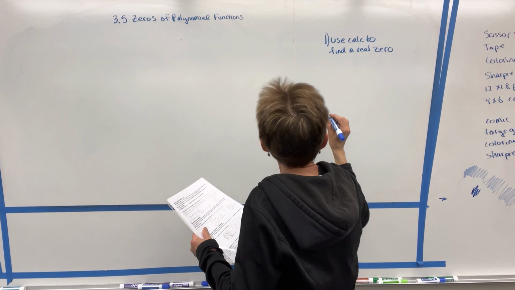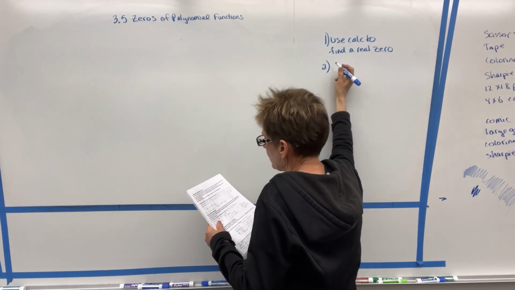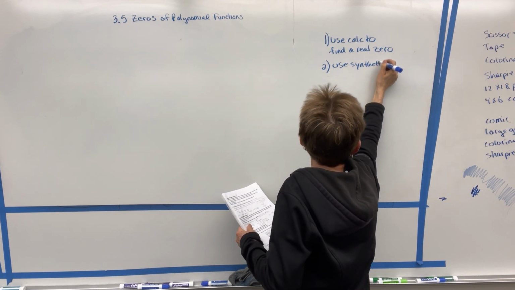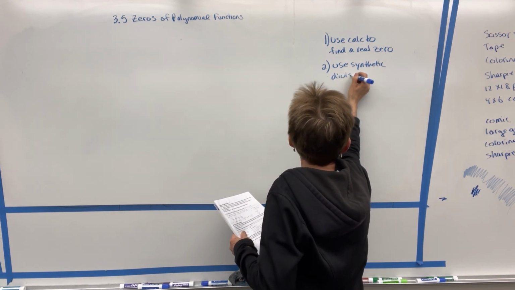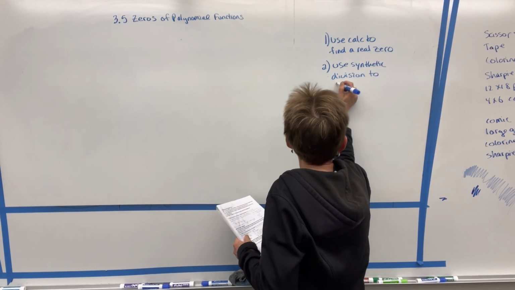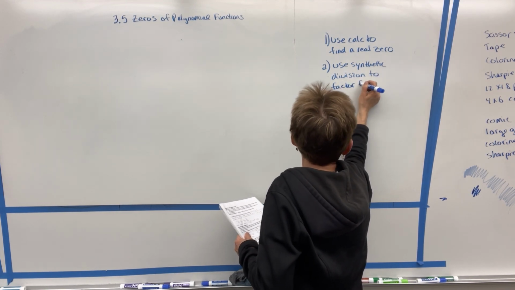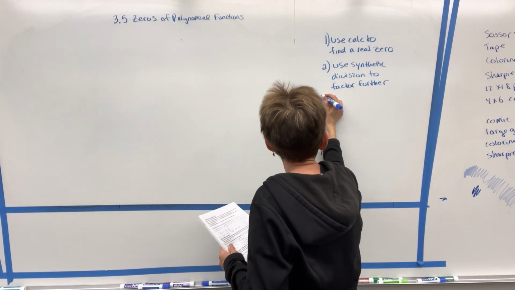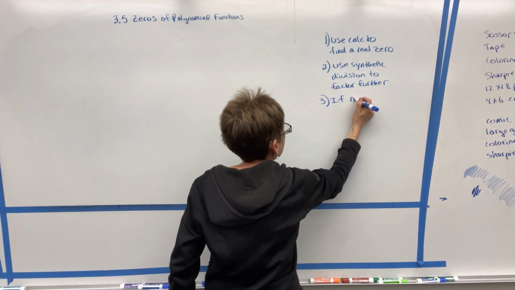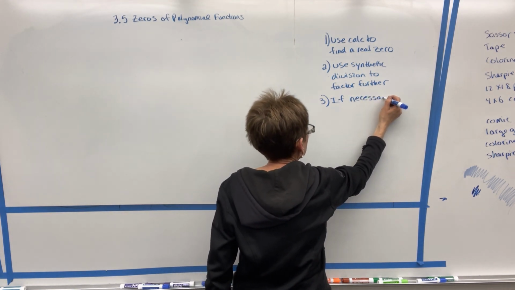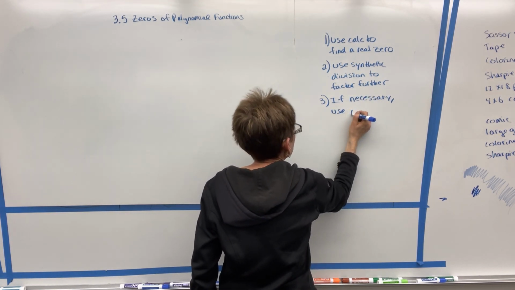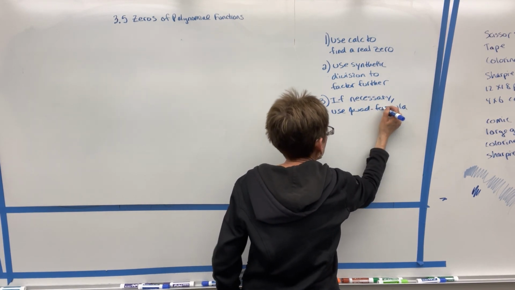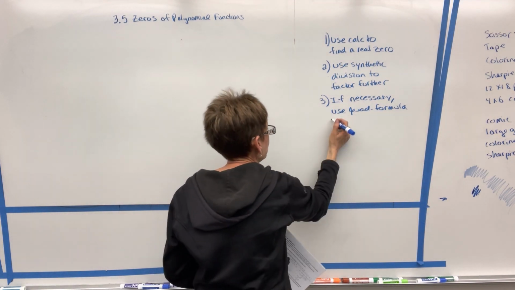The second step is to use synthetic division to factor further. And the third step is, if necessary, to use the quadratic formula to find the remaining zeros.